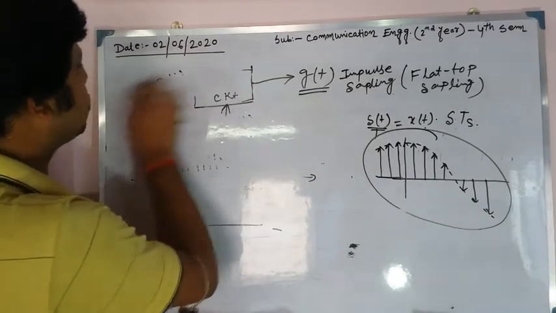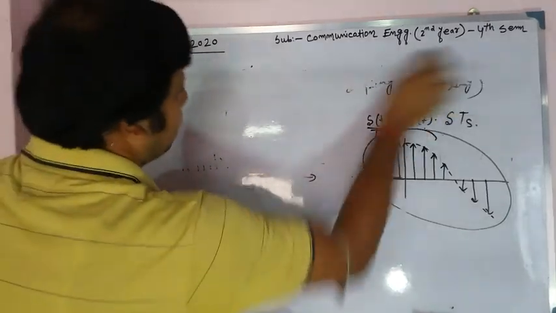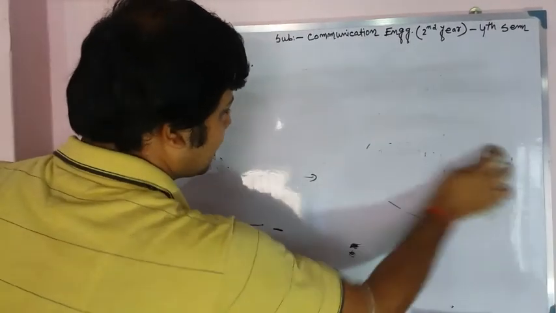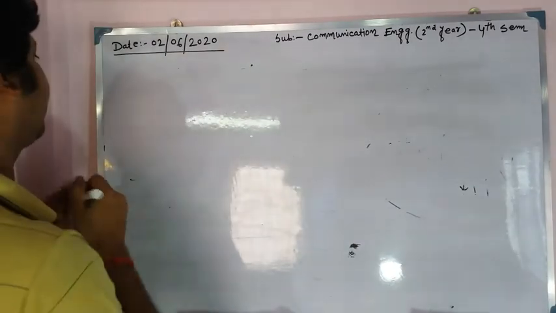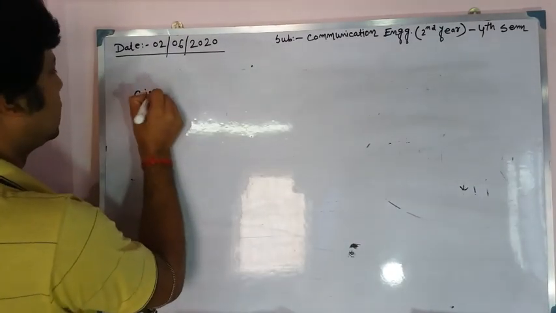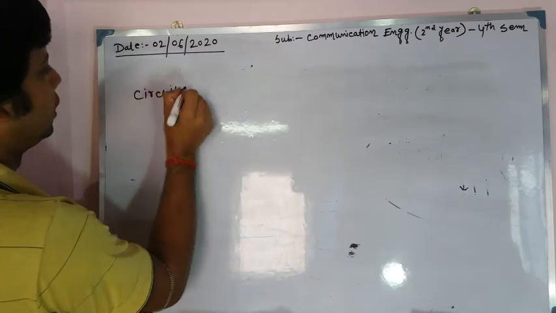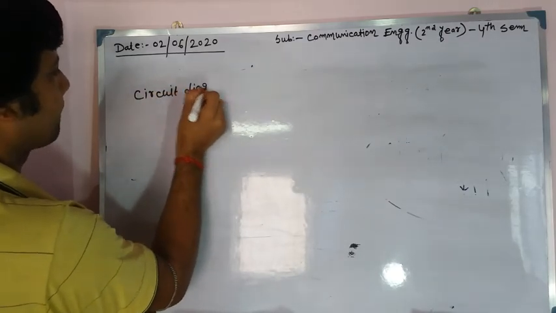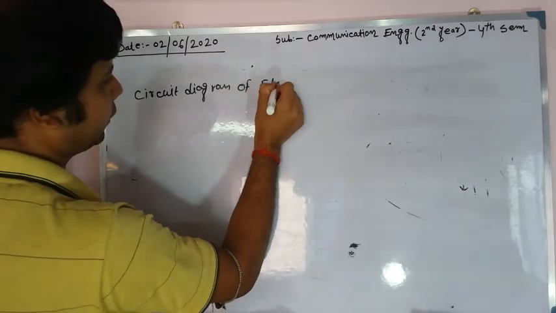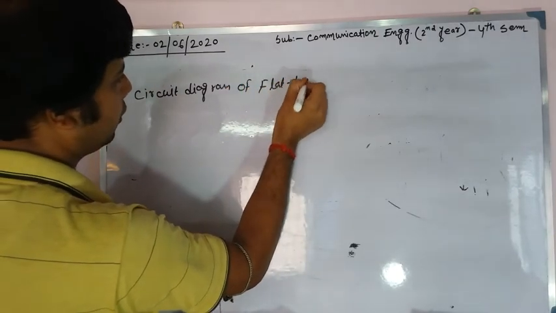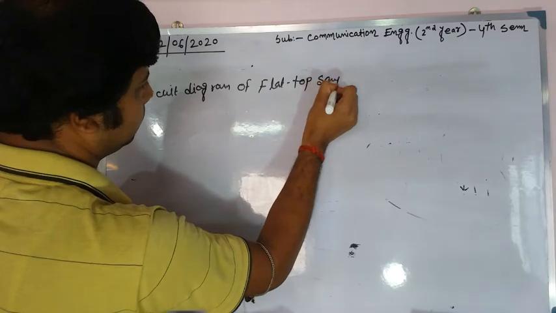Okay, next we discuss the circuit diagram of flat top sampling, or the circuit diagram of the sample and hold circuit.